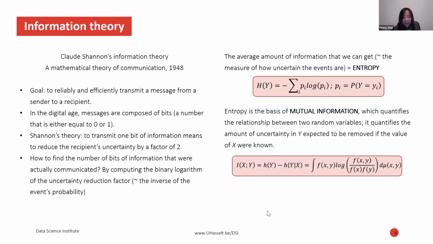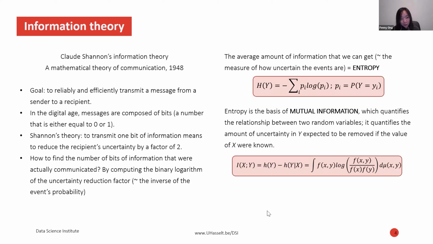Information theory has been applied in a variety of fields, but here I will try to illustrate this concept in communication theory, which was first introduced by Shannon in 1948. The goal is to reliably and efficiently transmit a message from a sender to a recipient.